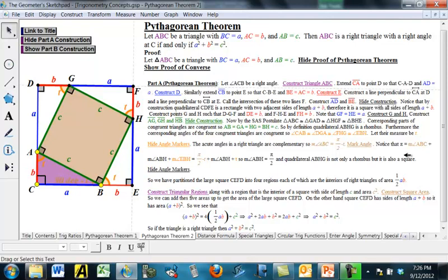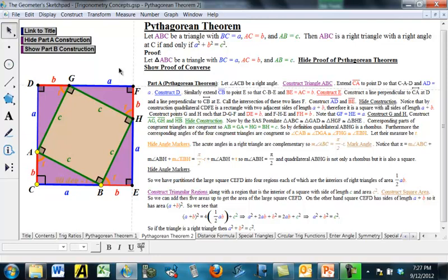So now if you look at it, our whole big square is made up of 5 parts. 4 of them are triangular areas, and 1 is a square area. Now each of those 4 triangle areas has an area of 1/2 times A times B. And we have 4 of those.